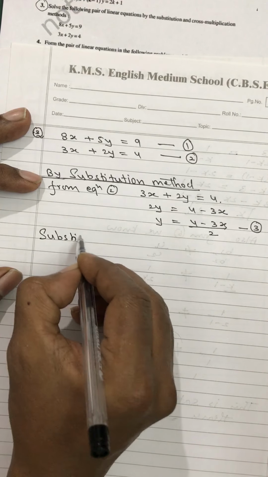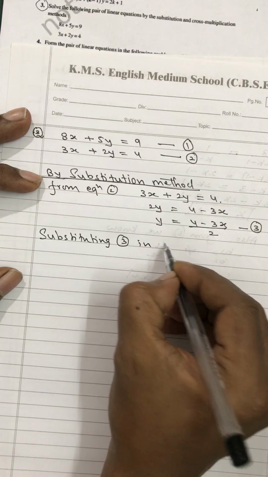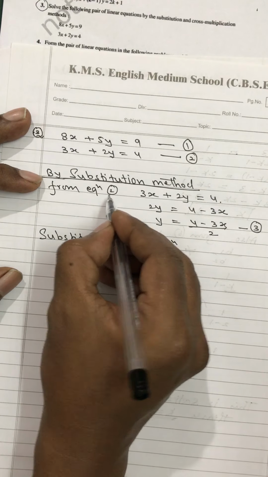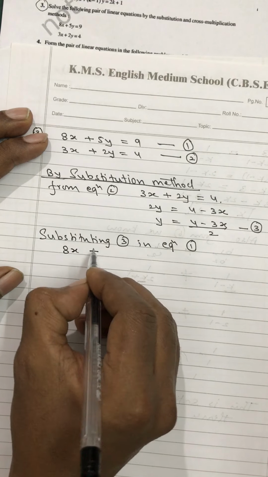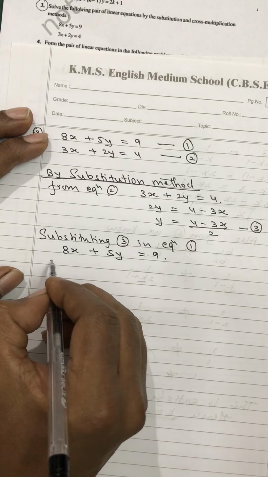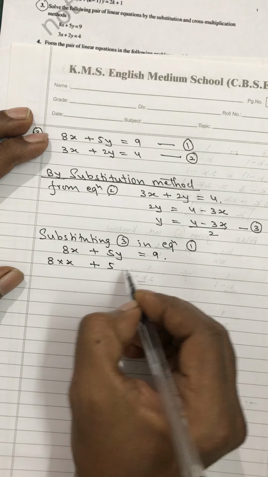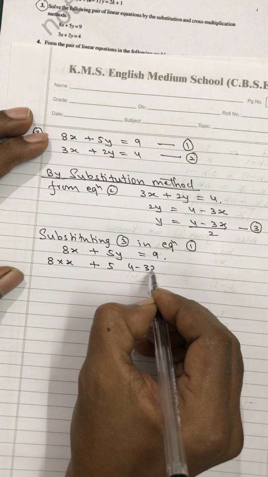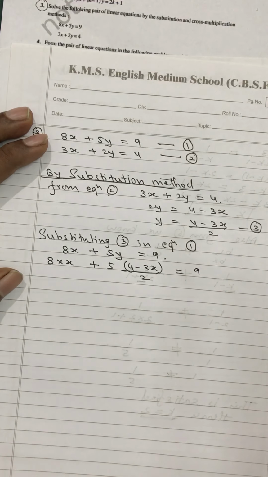Substituting in equation 1, what is equation 1? 8x plus 5y is equal to 9. 8 into x, 5 into y, which is 4 minus 3x upon 2, is equal to 9.